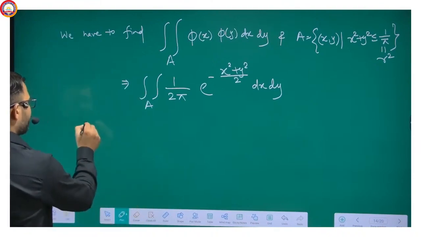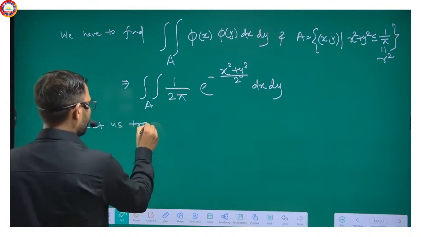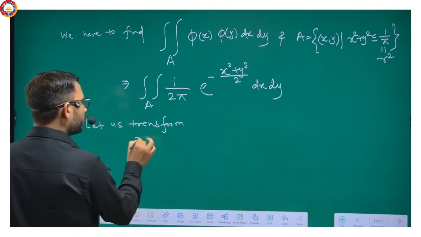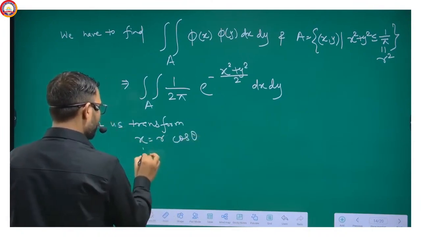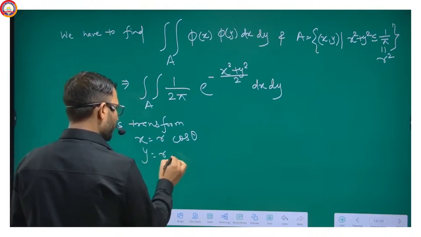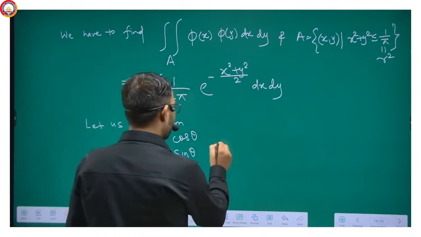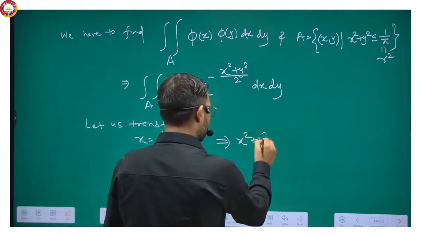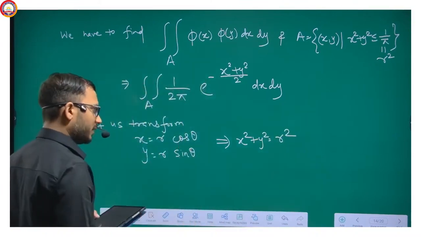Now let us transform. Let x equal r cos theta and y equal r sin theta, as we do for the polar coordinates, which will imply x squared plus y squared equals r squared, because sin squared theta plus cos squared theta equals 1.